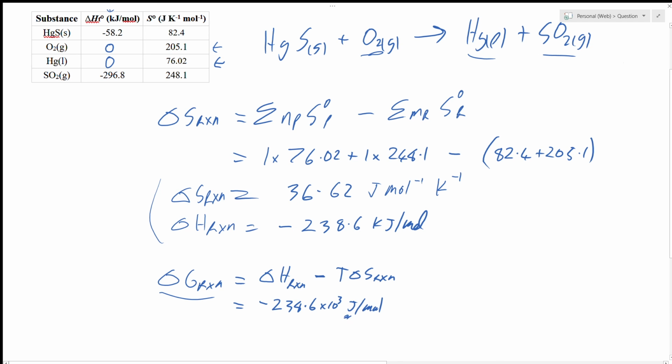You can see I've translated the number here from kilojoules into joules because our entropy of our reaction is going to be in joules. We're at 25 degrees, which is 298 Kelvin, and times that by our entropy here, 36.62 joules per mole per Kelvin. And our temperature is here in Kelvin, so they're going to cancel each other out. So we get a total value of 249.5 kilojoules per mole.